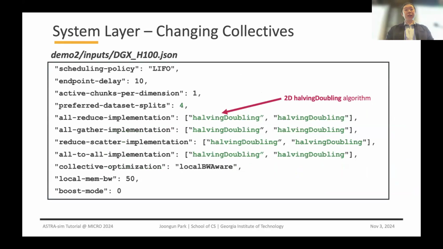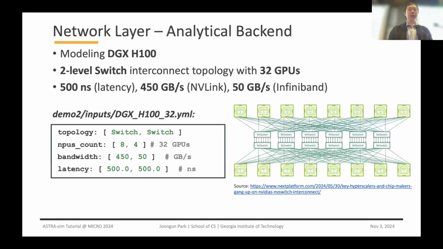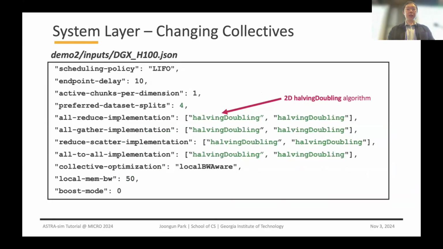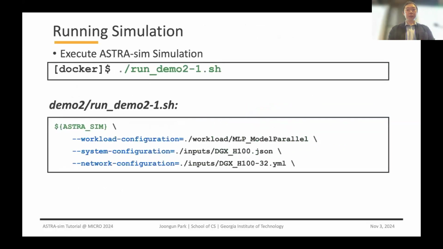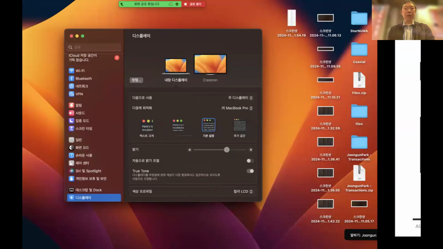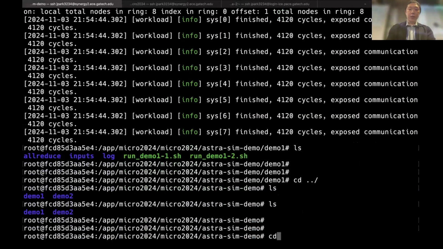And next, we're going to give the algorithm for collective communication. We'll use halving doubling in this case, given that the topology is switch and switch. Same as before, we will specify 2 collective algorithms here, but basically you can set ring, halving doubling, or halving doubling, ring. Same as the earlier demo, let's go to demo 2.